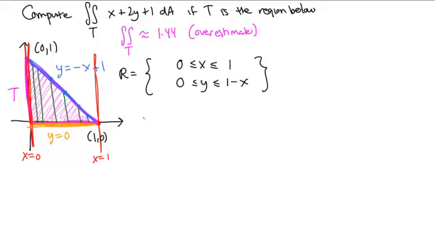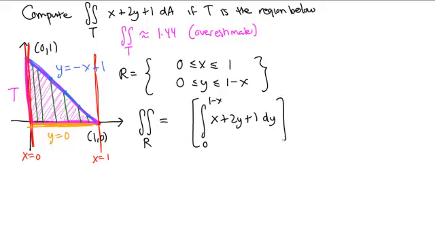So now let's use Fubini's theorem. Since we've described this region R as a vertically simple region, we can now use Fubini's theorem to compute the double integral exactly. It says take the function x plus 2y plus 1. We'll integrate it first with respect to y from the limits 0 to 1 minus x, bottom to top. Then we'll integrate that with respect to x from the left side to the right side.